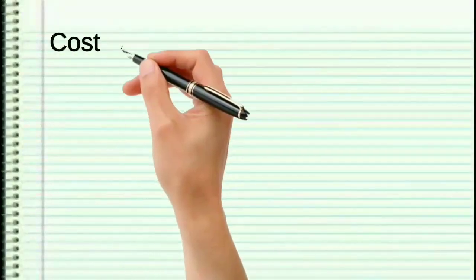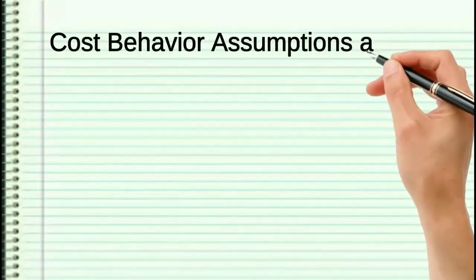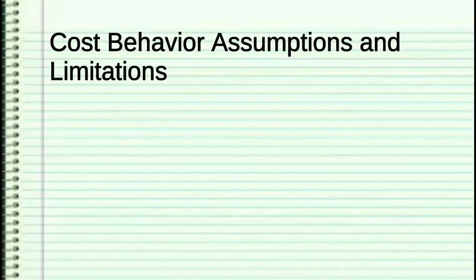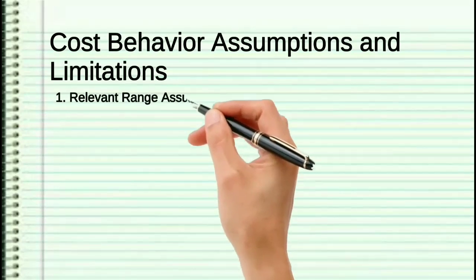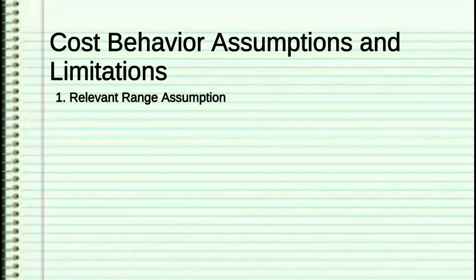Now that you know the different cost behavior patterns, it is very important to tell you na merong limitations sa cost behavior patterns. Kasi meron tayong tinatawag na cost behavior assumptions and limitations. We actually have two. The first one is called as relevant range assumption, and the second one is called as time assumption, or otherwise known as time period assumption.